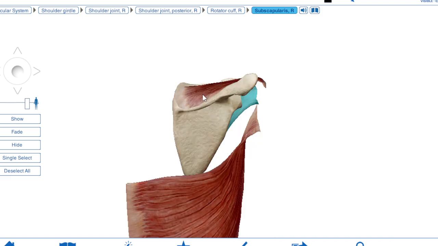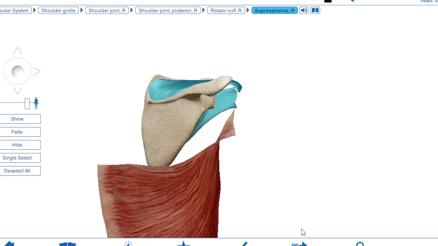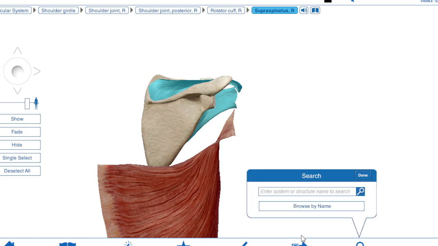This is the supraspinatus. Here is the infraspinatus and teres minor. So these are the bone and the subscapularis muscle. We will see that.